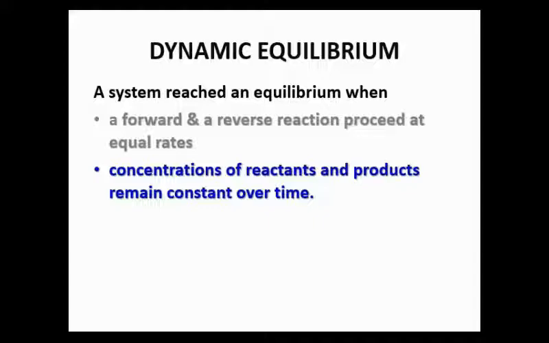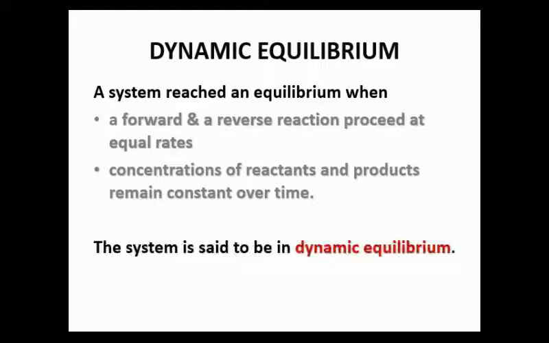The concentrations of every substance in the reaction will remain constant at an equilibrium. So when these two factors are obeyed in a reversible reaction, the system is said to be in a dynamic equilibrium.